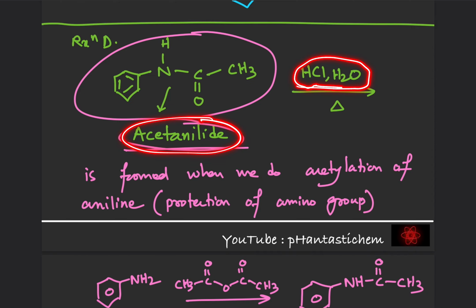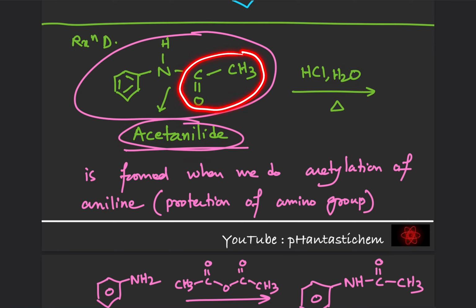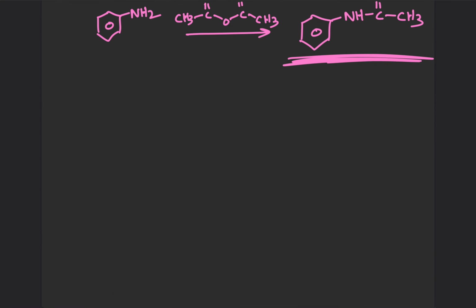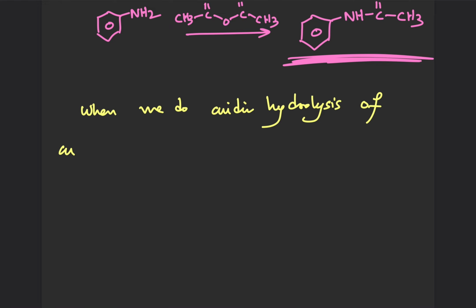Whenever we do acidic hydrolysis of acetanilide, the acetyl group, that is the CH3CO group, is removed by hydrolysis and an amide is obtained.